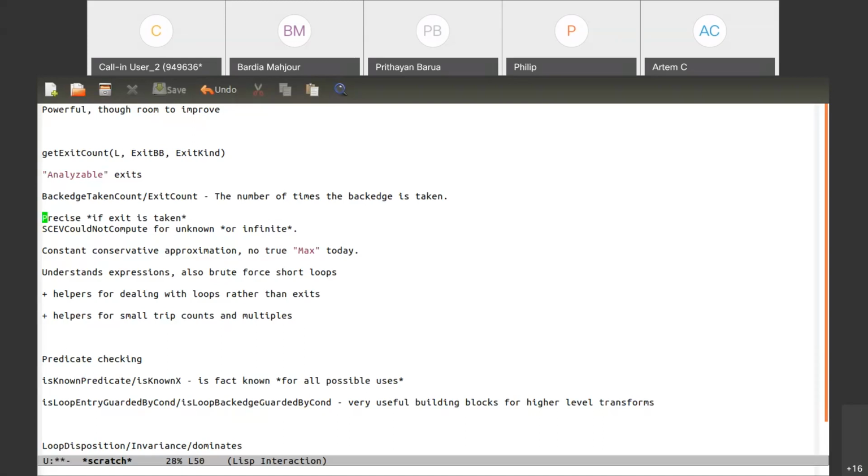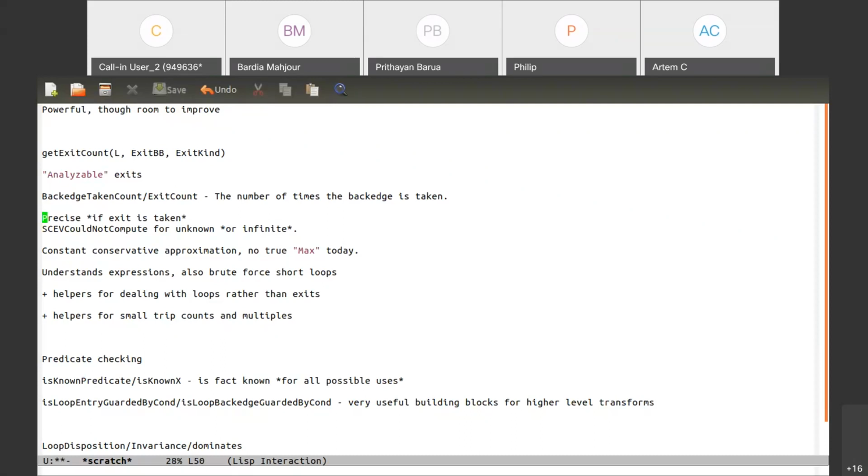One subtlety that comes up when you get into multi-exit loops is that you may have loop exits that are provably never taken. So the correct exit count for that exit is going to be infinite, or at least larger than the exit count of all other exits.